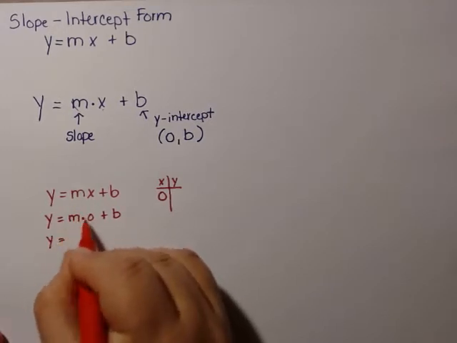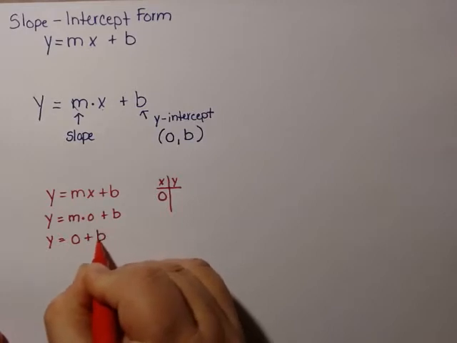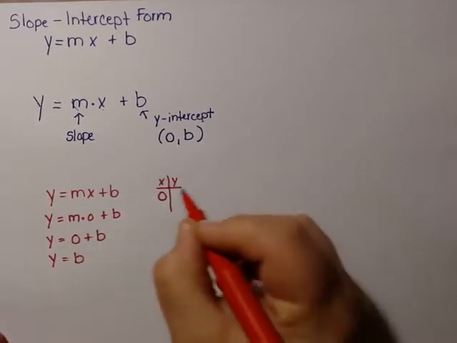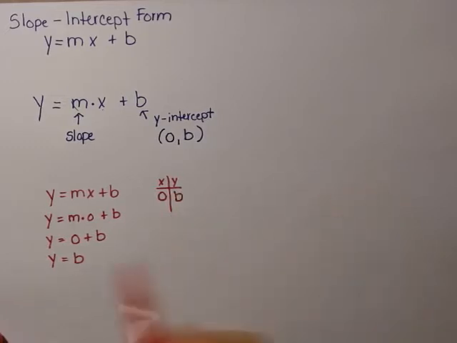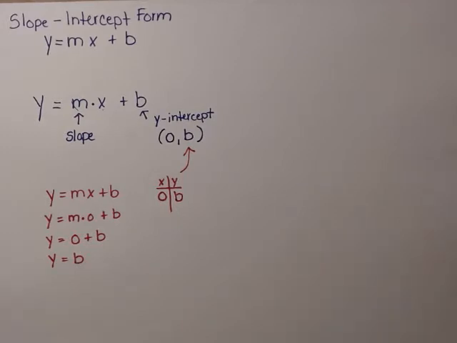So no matter what you have for m, that's going to be 0. And 0 plus a number is always that number. So this is why this always happens. If we plug in our 0 for x, y will always be b.